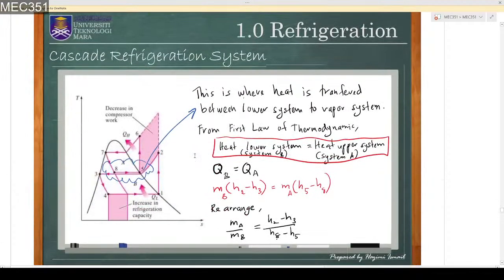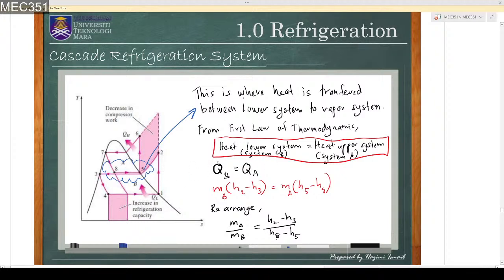Okay, so the analysis here is between the lower system, which is B, and A. The heat transferred to A can be derived with this equation.